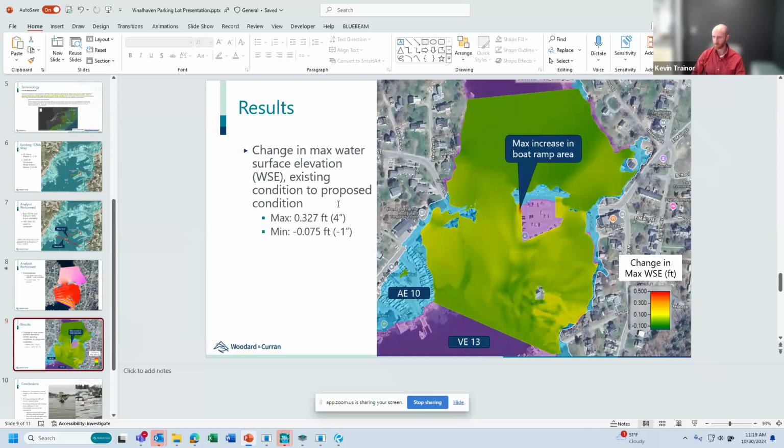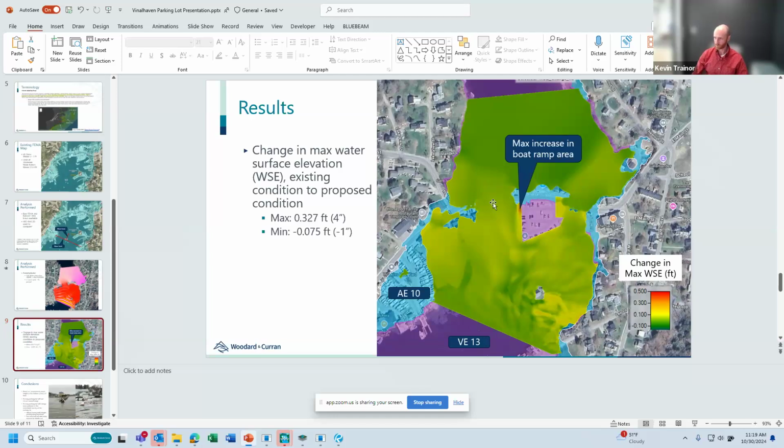It's really more about the order of magnitude of changes, and that increase is really confined to the immediate boat ramp area where a little bit of wave energy gets concentrated. But again, we're not talking about a very large increase.